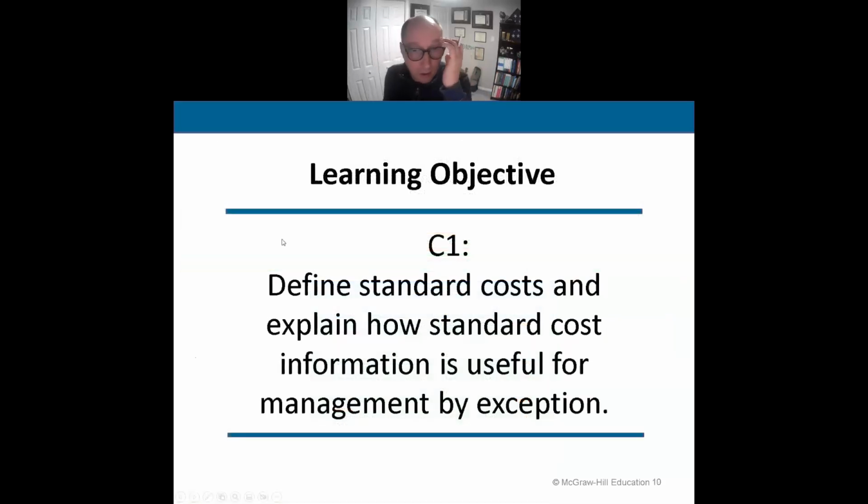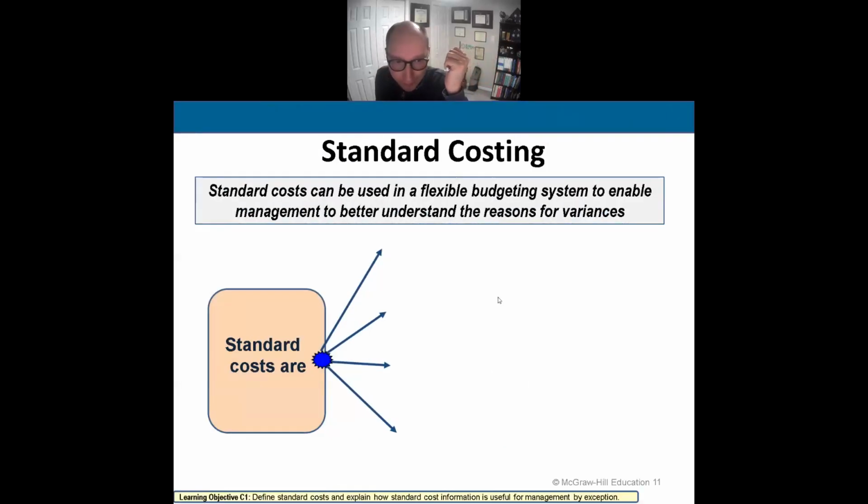I want to talk to you about cost a little bit more than what we have been the past few weeks. Costs are really important to understand when we budget.